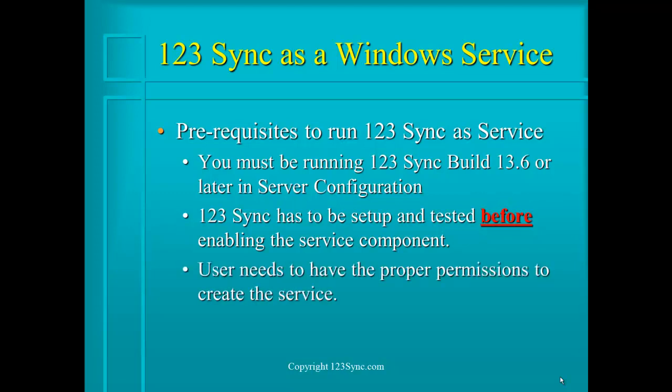The user needs to have the proper permissions to create the service, and the service has to be run as a logged in user. That means if you're logged in as an administrator when you set it up, or logged in as your own name, when you start up the service, you have to be logged in as that individual.